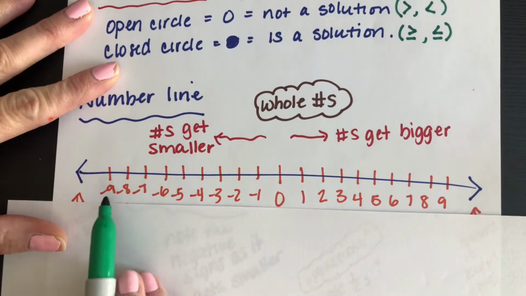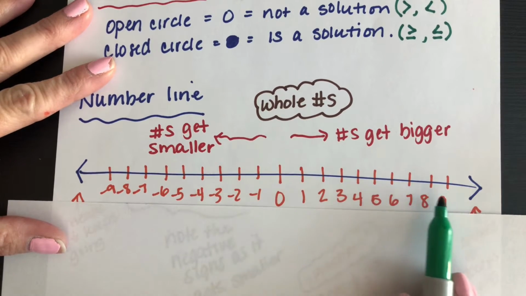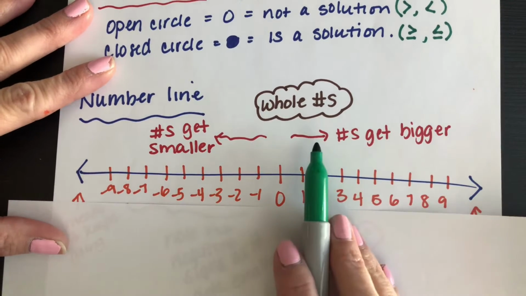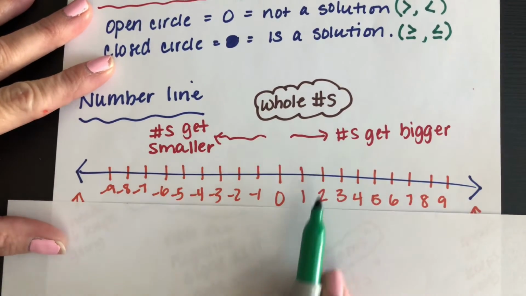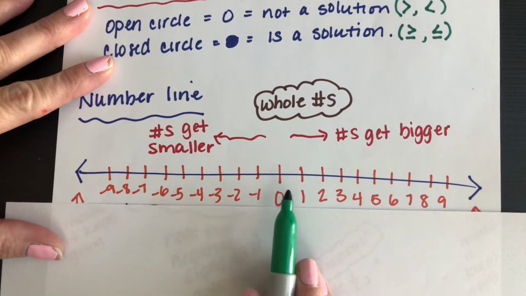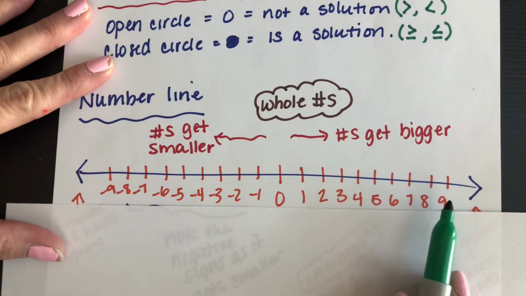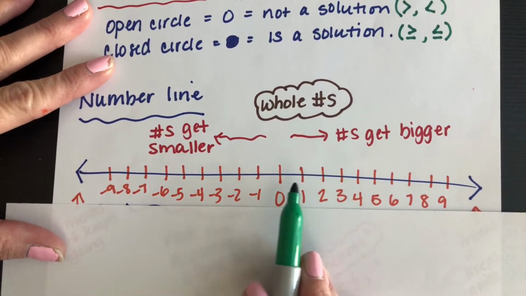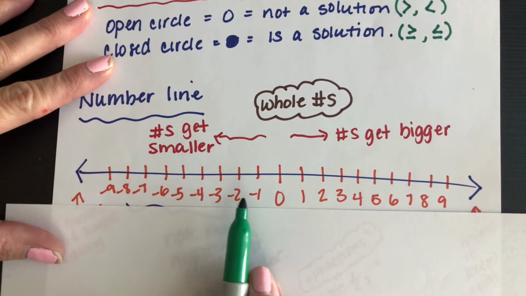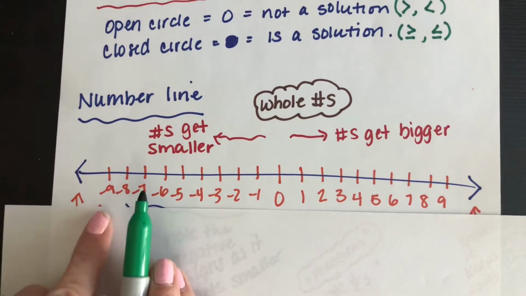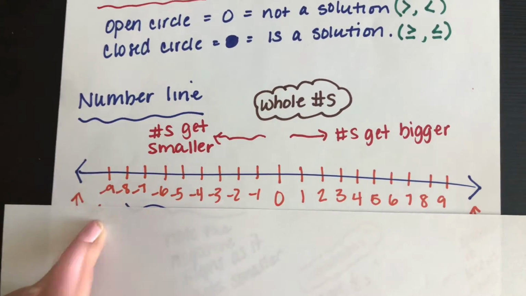On a number line, we have 0 in our center and we go up 1, 2, 3, 4, 5, etc., and our numbers get bigger. This is an example of a whole numbers number line. As we go to the left, our numbers get smaller. So here, 9, 8, 7, 6, but then going down past 0, we go -1, -2, -3, -4. As we get into the negatives, -9 is actually smaller than -1 because it's further left on the number line.